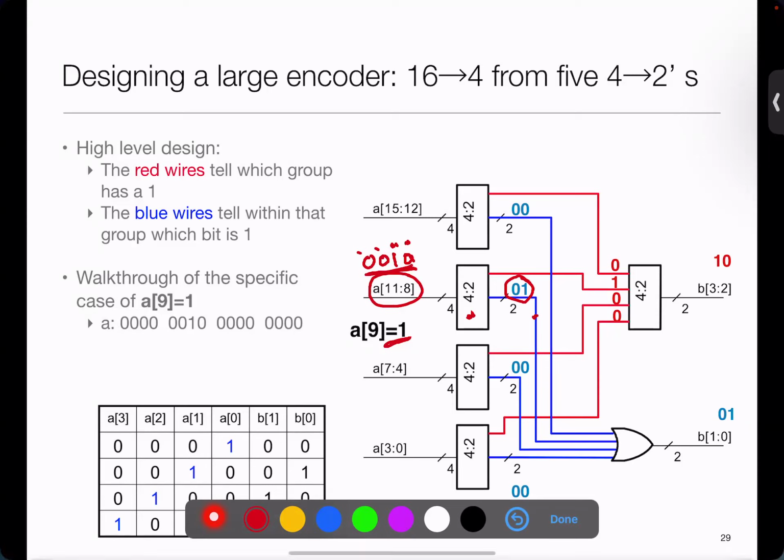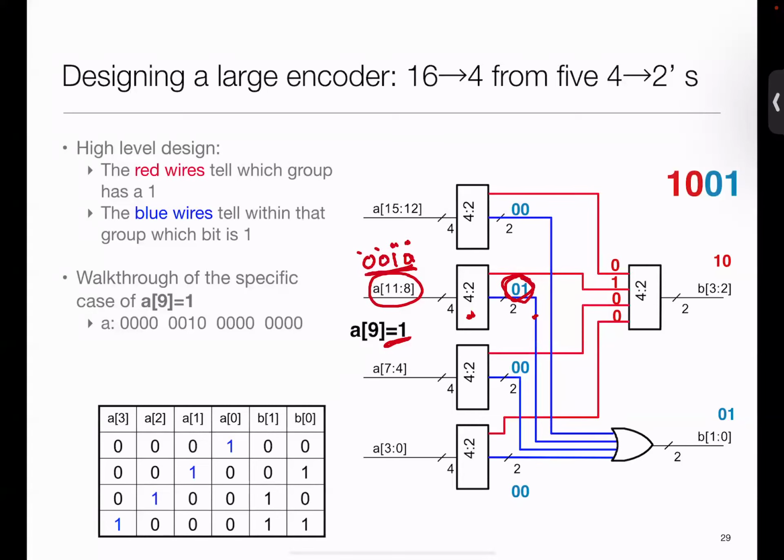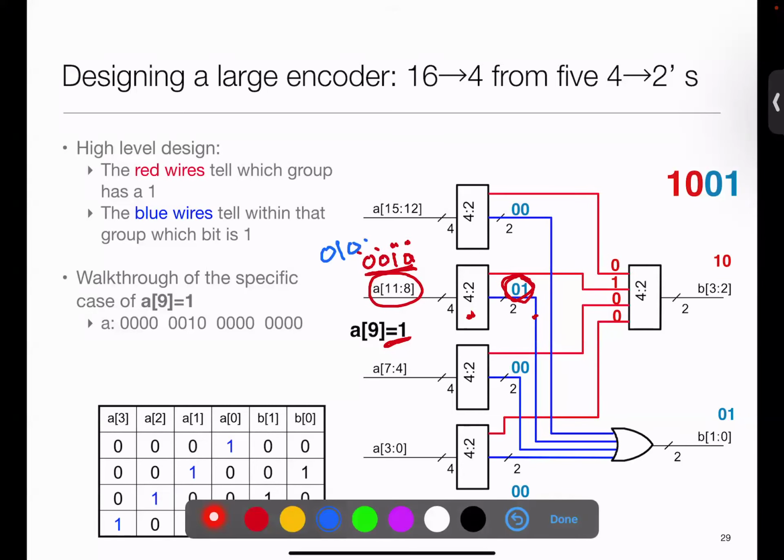That's why it is producing 0 1. Think of this 0 1 as a binary value, so it has a value 1. Hypothetically, let's say A10 was 1, not A9. In that case, we would have seen 0 1 0 0, and I would have seen 1 0 out here.